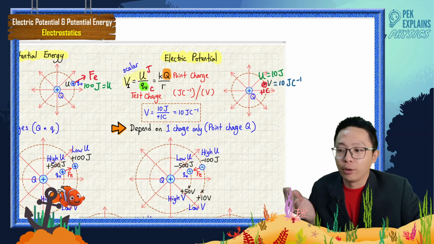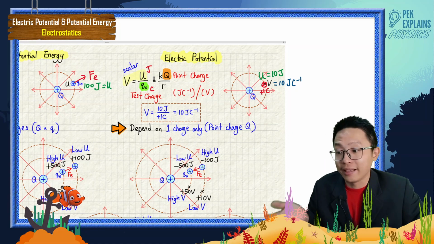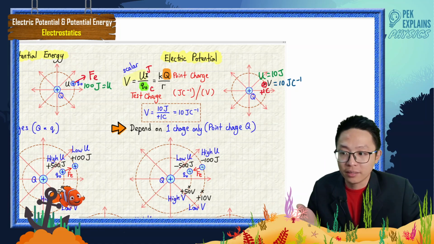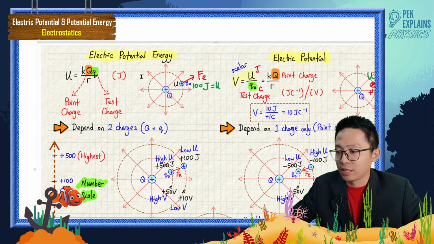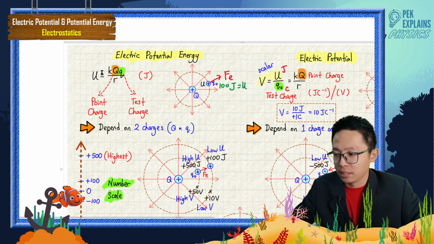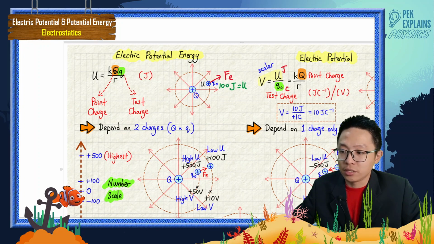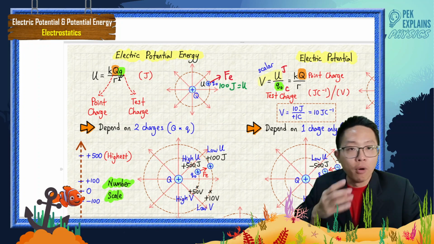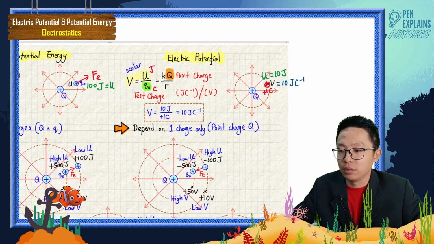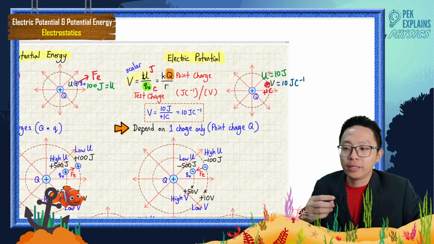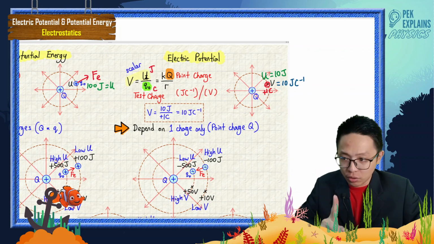So since potential and potential energy are the same thing, potential energy is the energy for more than 1 coulomb, but potential is only the energy for 1 coulomb.